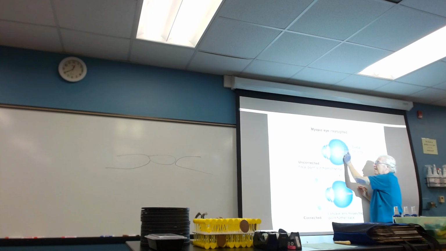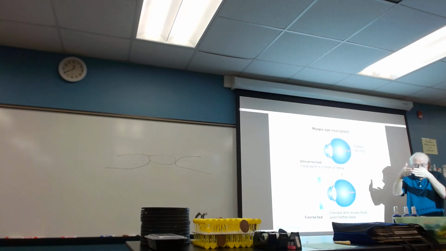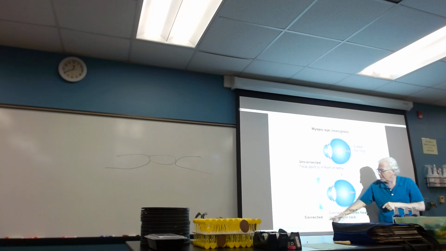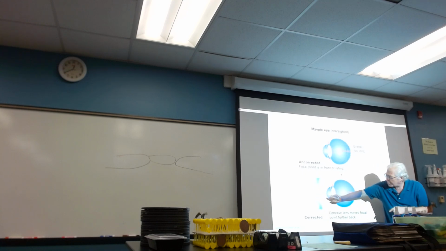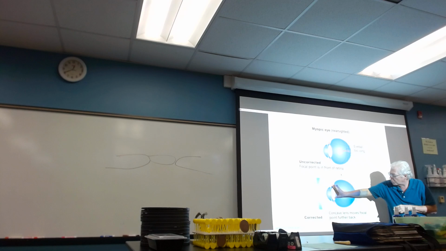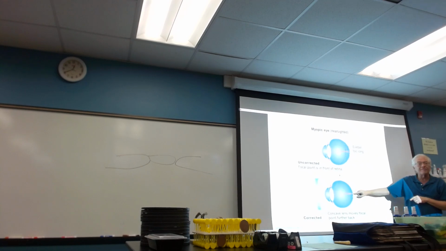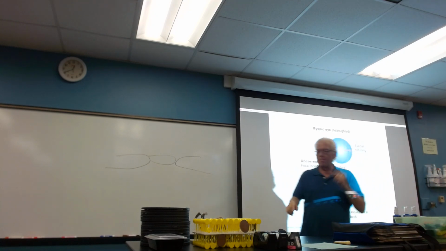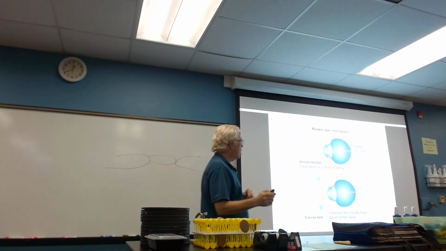So by the time it gets to the back of my eye, it's out of focus. Got it? The focus is where it goes like this, but not where it goes past it. Got it? So I need glasses that spread out this thing so that when it does come back, it's landing directly where it needs to be, and now I can see. Okay? That is your myopic eye, too long.